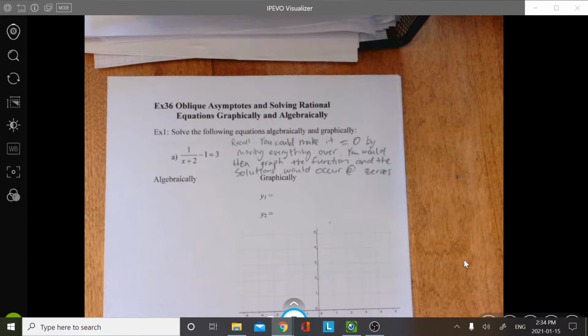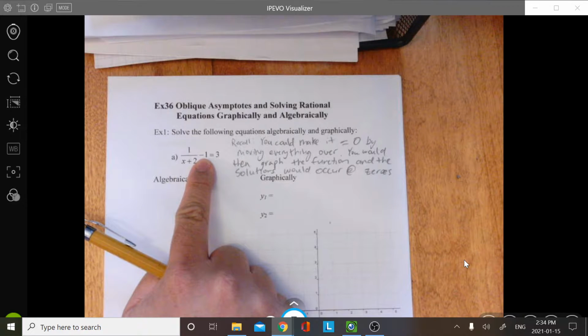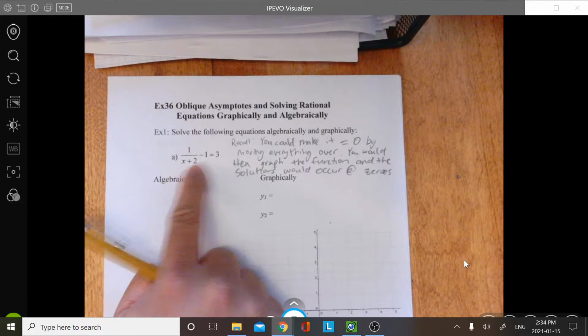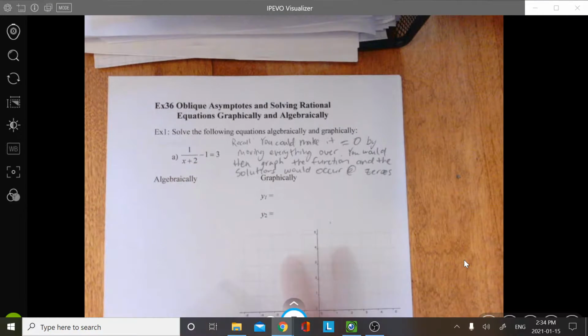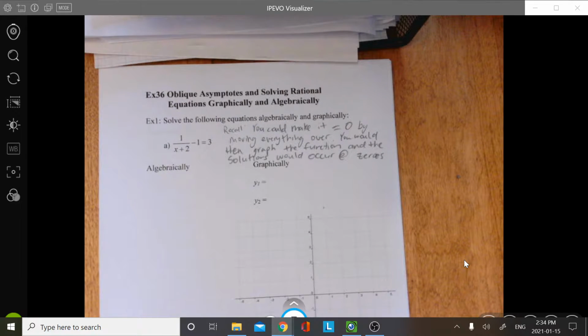If it's easier for you to graph this, if you move this 3 over to the left-hand side, it would become -3. And you could sketch 1 over x plus 2 minus 4, and then find the x-intercepts or the zeros of the function. That's one way of solving it graphically.